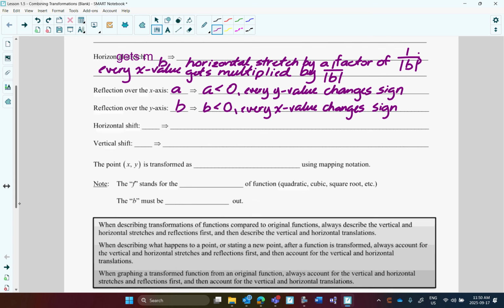Horizontal shift is represented by what letter? H. Okay.